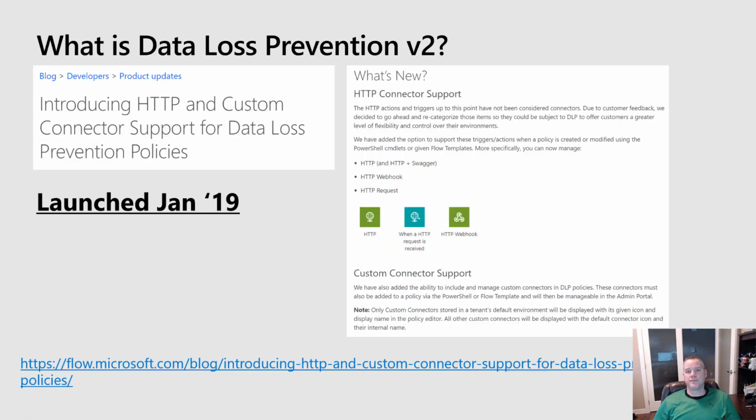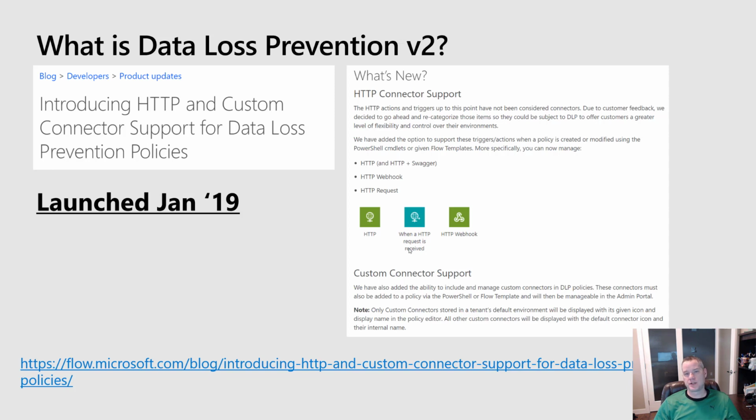Now, something to be aware of is that by default, the HTTP connectors are not included in DLP policies. But do note that there is a mitigation for this, and that is that you can create new DLP policies through PowerShell. And when you use this new schema for the DLP policy, you can then manage the HTTP action, the HTTP request trigger, and the HTTP webhook action.